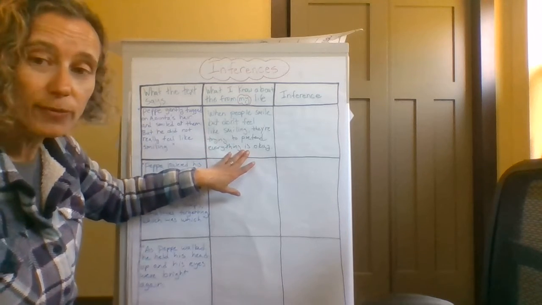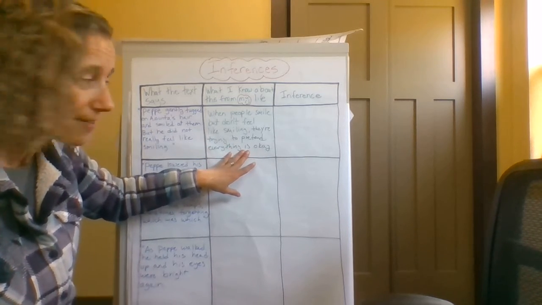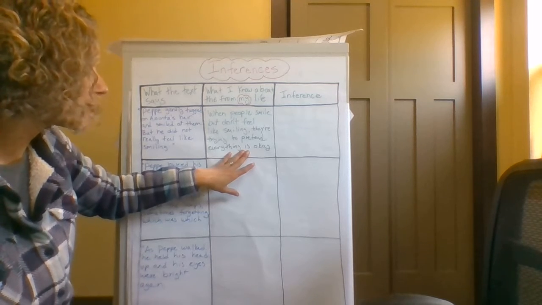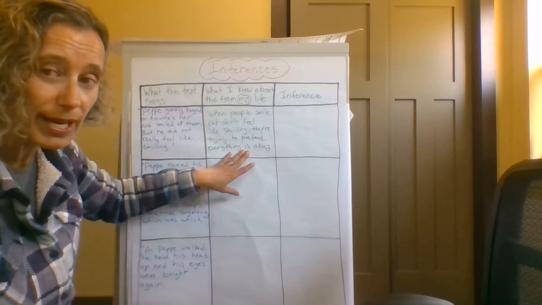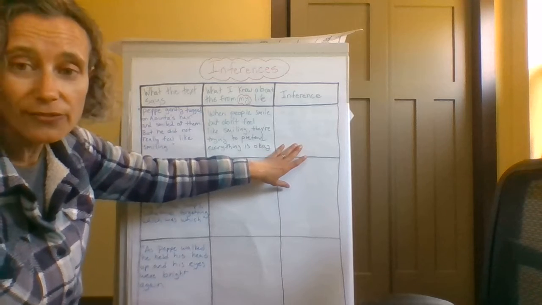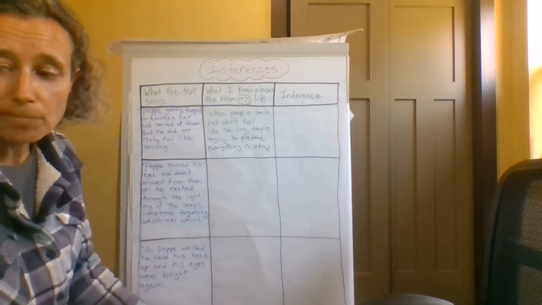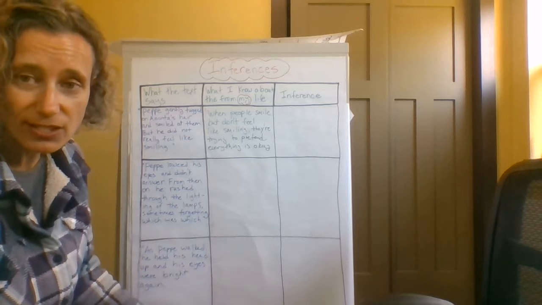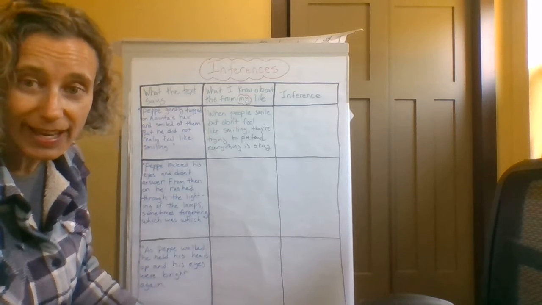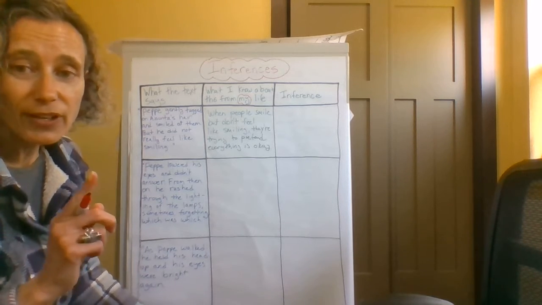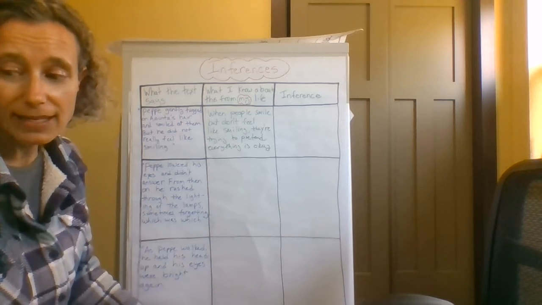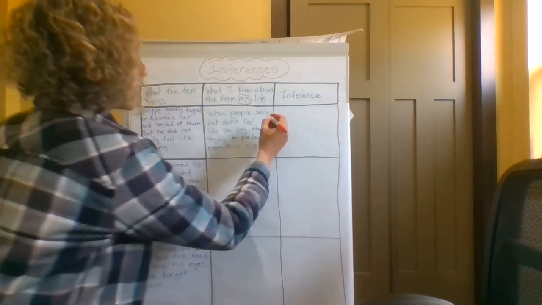I know that when that happens in my life, people are trying to pretend everything is okay. So the inference that I can make is that Pepe is trying to convince his sisters that everything is okay, even though Papa is mad at him. So I'm going to write that.